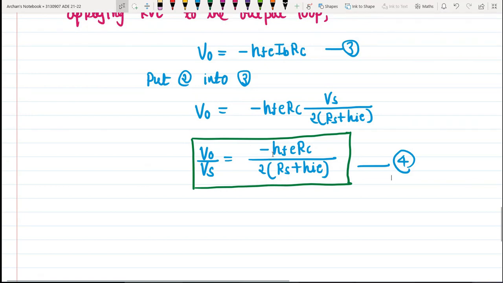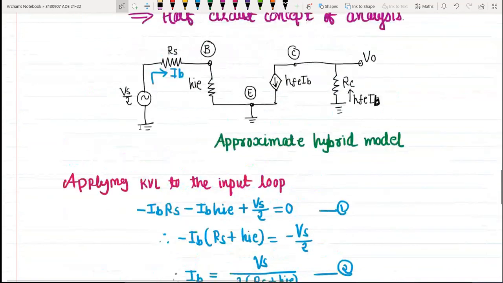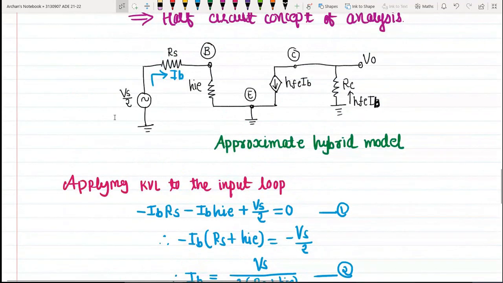Now we know the input signal magnitudes. What is the input signal magnitude? It is Vs by 2. The magnitude is the same, equal to Vs by 2, but they are opposite in polarity as they are 180 degrees out of phase.